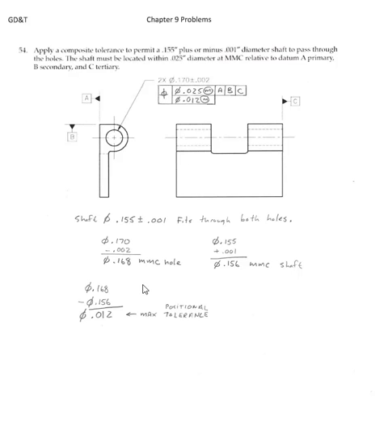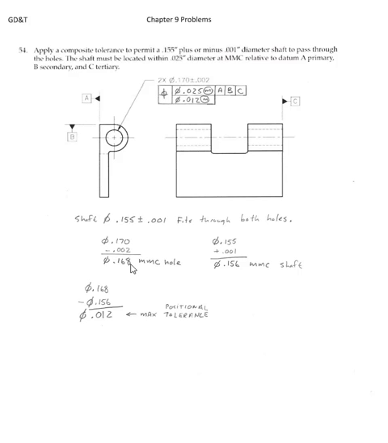We know that our hole size here is given as 170 thousandths plus or minus 2. That's 170 thousandths minus 2 thousandths for the tolerance, which gives us an MMC condition of that first hole at 168 thousandths.